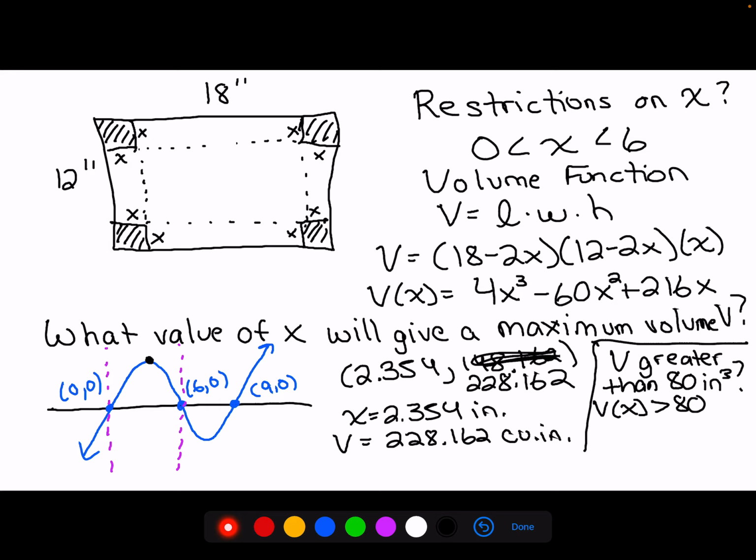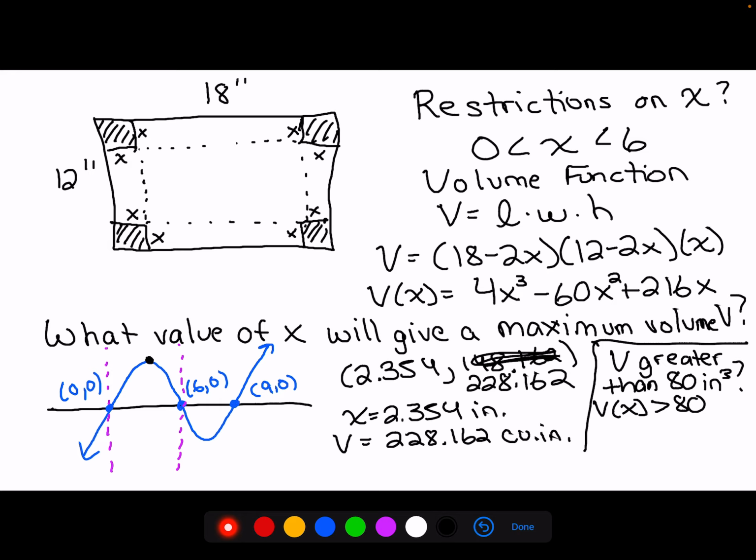So in my calculator, and this is why I messed up, I thought, well, if the volume is greater than 80, then I could go ahead and subtract 80 from that function and see what that graph looks like, keeping in mind that my x's still have to be between certain values.